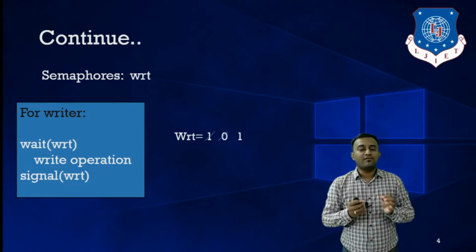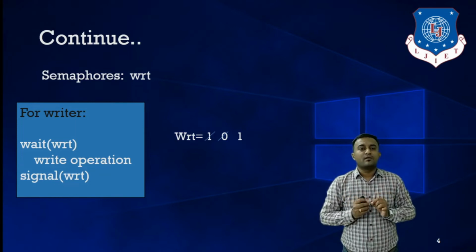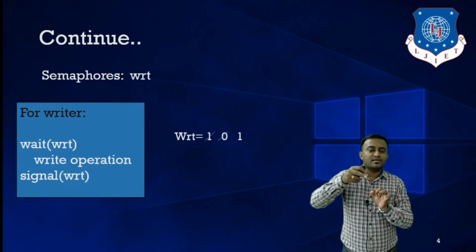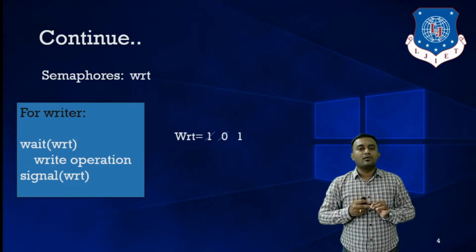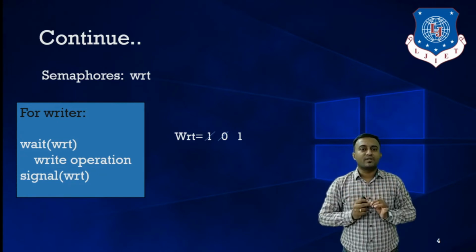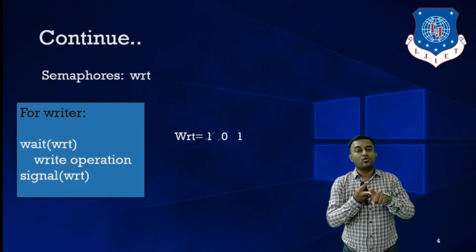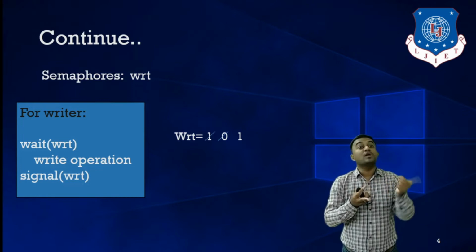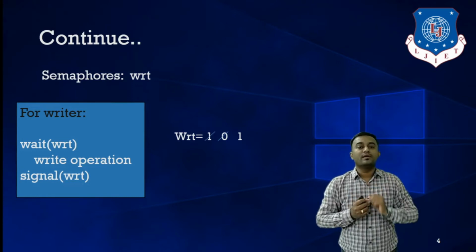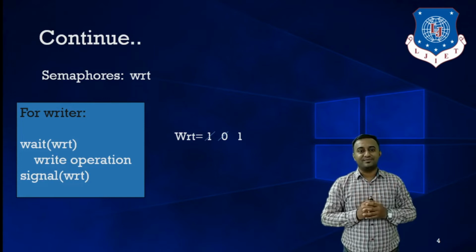So what will happen in this case? By writing the writer code, what things do we need to take care of? While a write operation is being done in a particular document, we need to take care that no other reader, or no other writer, is allowed to enter into the critical section.